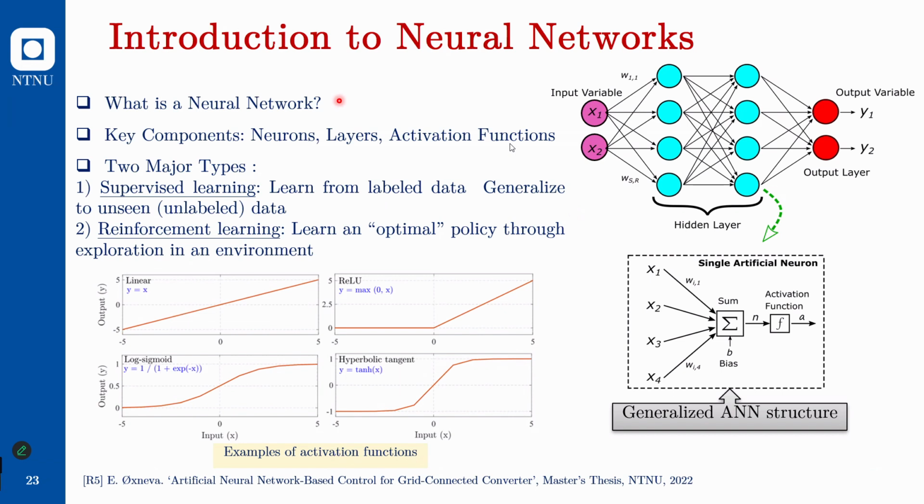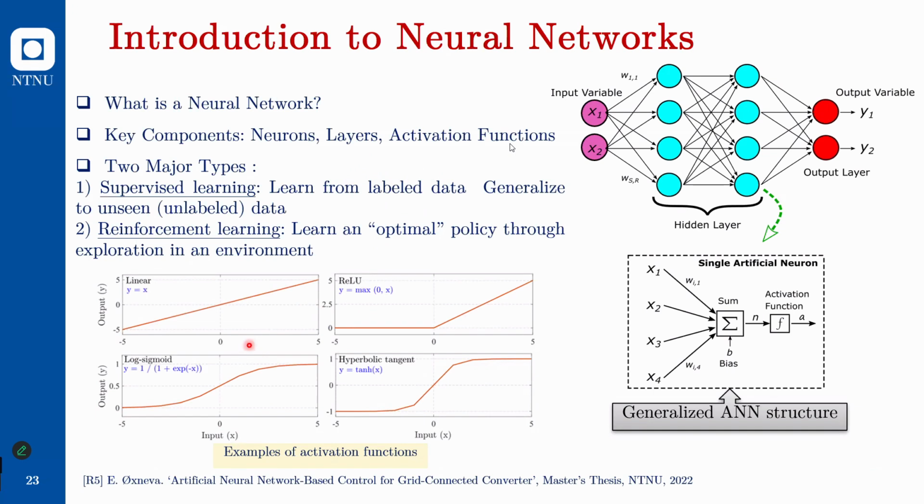Whatever function you are feeding to it, such as a polynomial function, it will just try to fit it. That's it. And the keywords that you need to memorize for a short time are number of neurons, number of layers, and activation functions, because those are the things that I am going to use more in the upcoming slides.